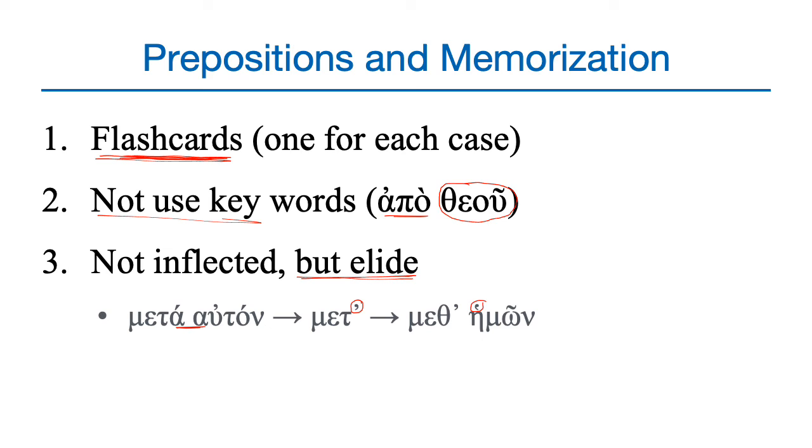When that happens with meta, it ends now with tau. That tau then becomes theta. Don't be worried, this will become easy to you. The tau becomes theta, and then the apostrophe. So it will be meth hemon. The reason the tau becomes a theta is because hemon begins with a vowel. Write down your questions and you can ask me when we talk.